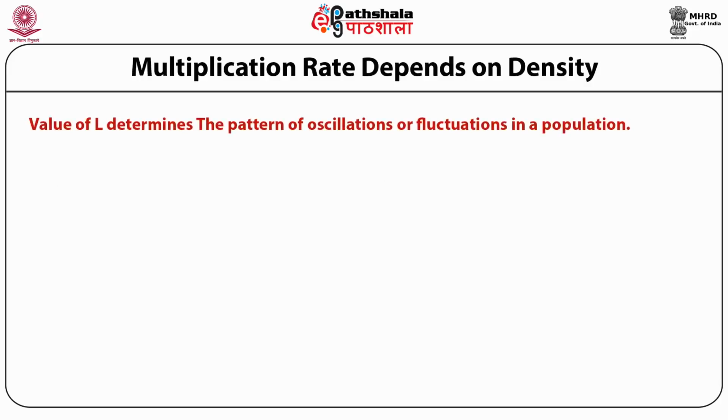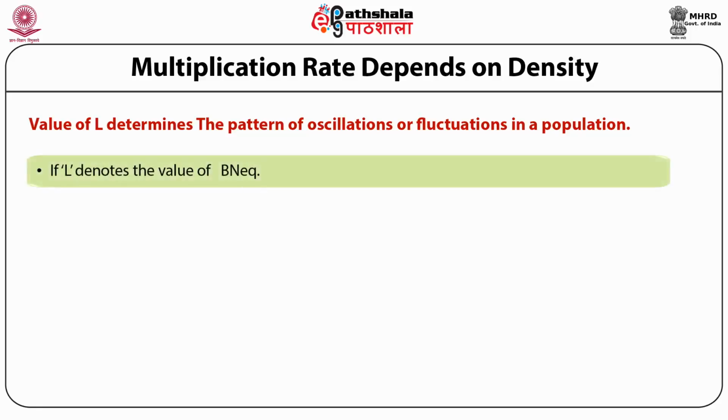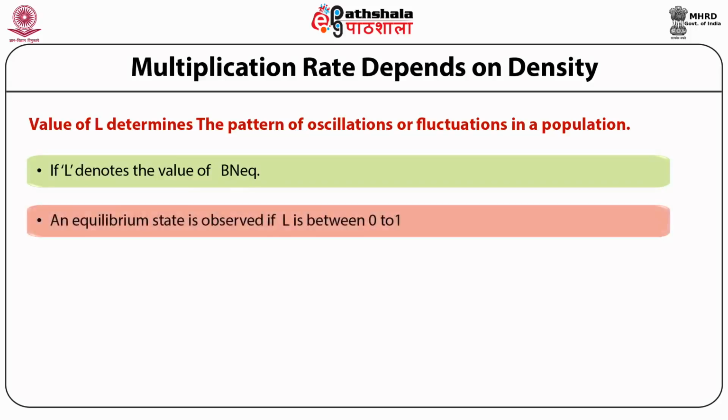The value of L determines the pattern of oscillations or fluctuations in a population. If L denotes the value of B Neq, then at the equilibrium state, or with little fluctuation, it is between 0 to 1.